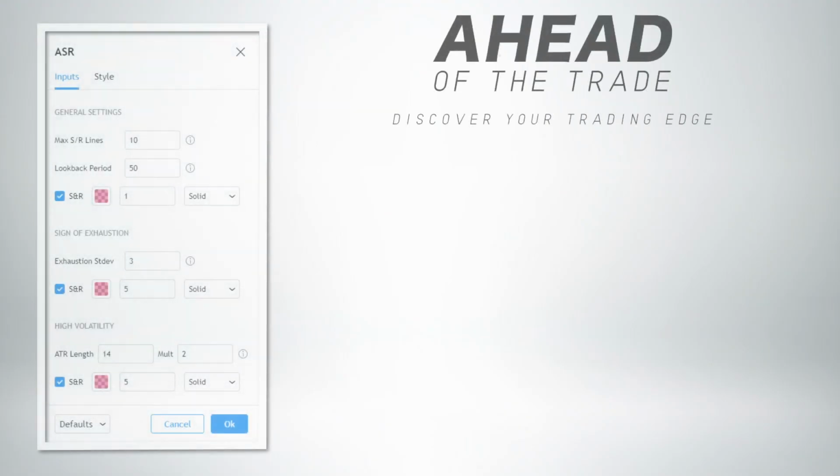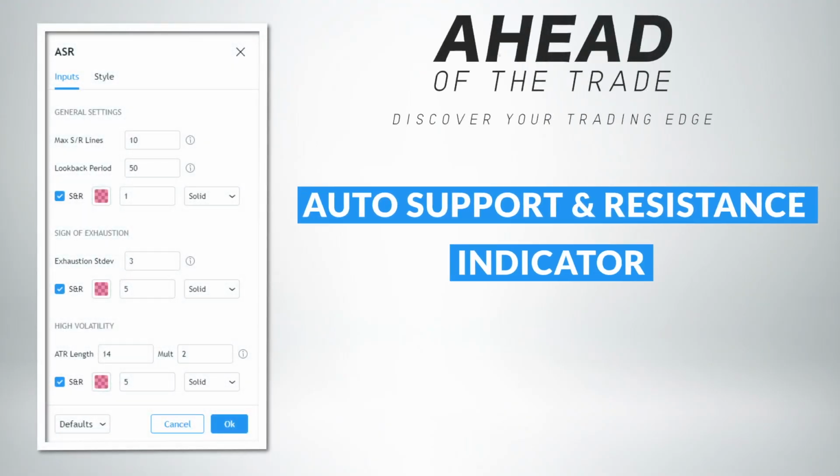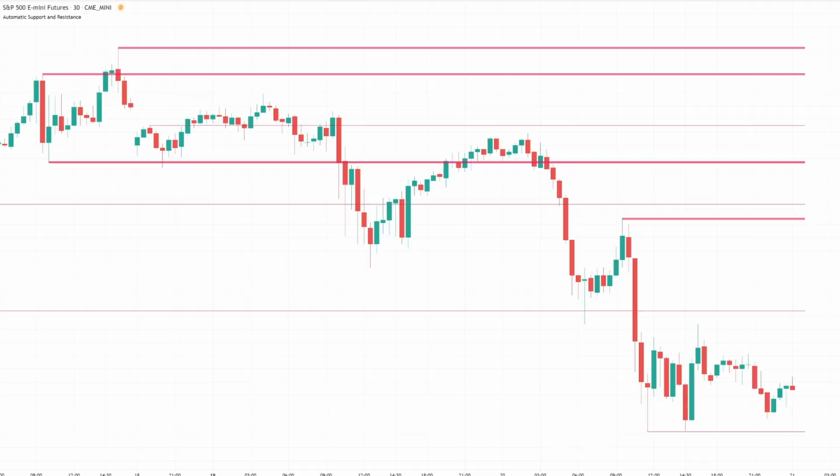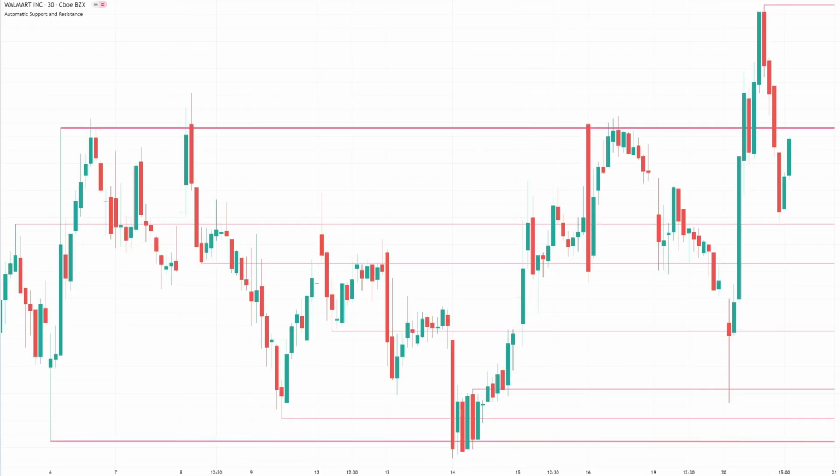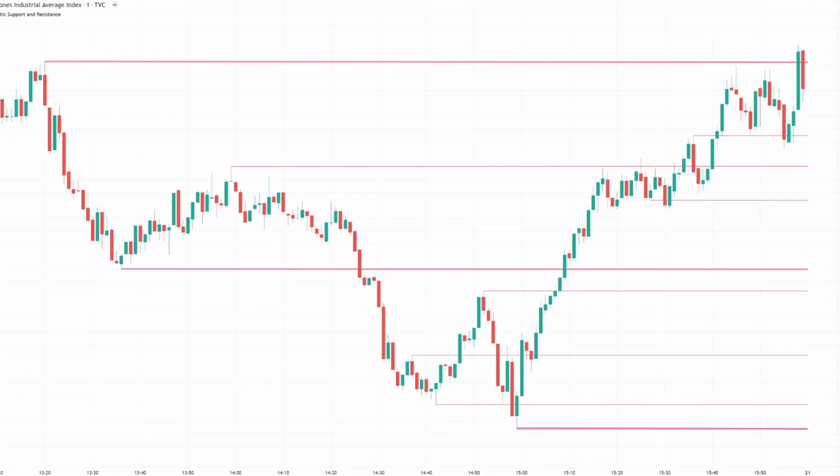For this reason, at Ahead of the Trade, we have developed our own indicator to automatically plot levels of support and resistance. This tool can be applied to any TradingView chart and on any time frame to automatically and instantly plot the most relevant levels of support and resistance, removing the nuance from your decision-making process.